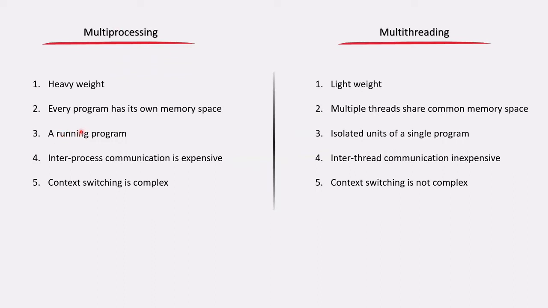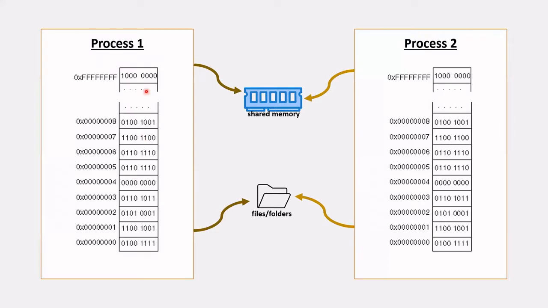So we saw this: multiprocessing means a running program, and multithreading is an isolated unit of a single program. Inter-process communication is expensive, as I mentioned here.